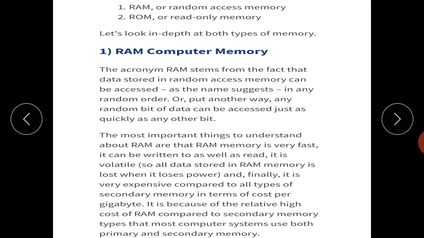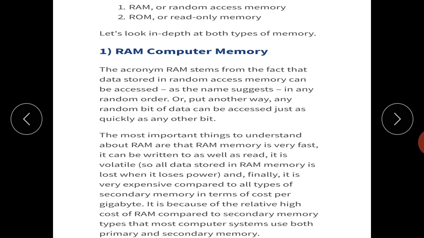Volatile means not constant. It means whatever is saved in this will be erased after the computer is switched off. When we switch off the computer, all things will be erased from the primary memory.